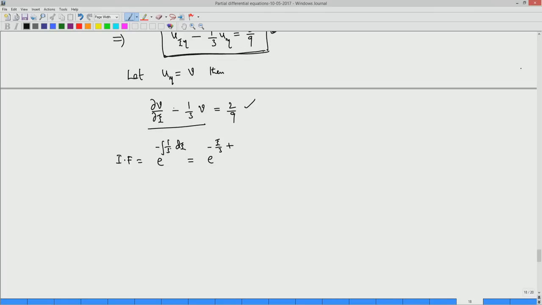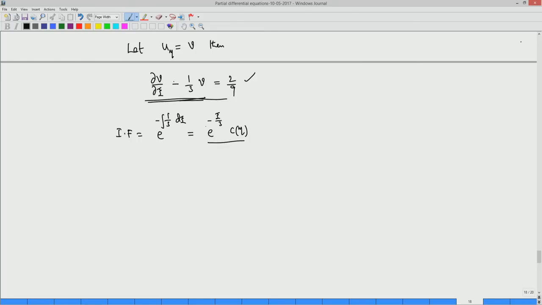Now this is a PDE. So this is the integrating factor, and any constant times that is also an integrating factor. Here we are dealing with a partial differential equation. If it is an ordinary differential equation, any constant is fine, but here C can be any function of eta. So you can choose C of eta times this, and it acts as an integrating factor.